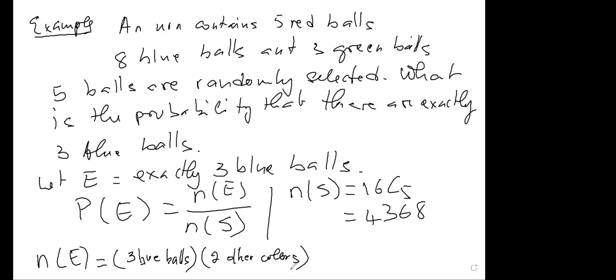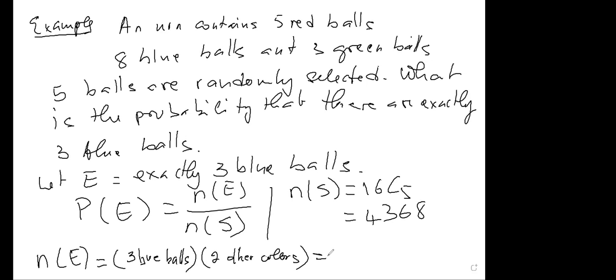If the question was 2 blue balls, 1 red ball, and 2 green balls, then I would say I want 2 blue balls, 1 red, and 2 green. That is the multiplication rule. Now I just want 3 blue balls. The other 2 are not blue. That's all.